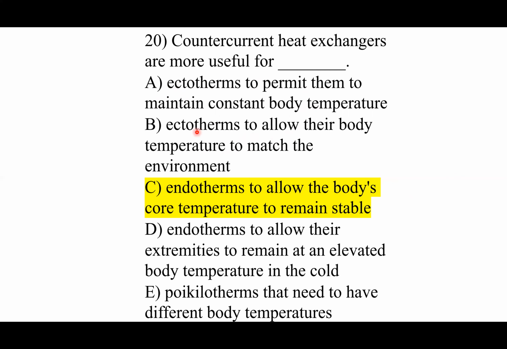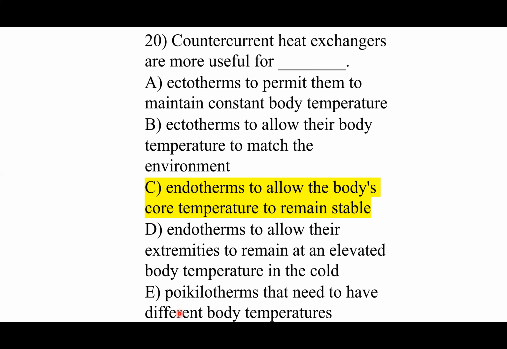Yeah, but in ectotherms, we don't see countercurrent heat exchangers, at least not what we talked about. We're talking about endotherms. Endotherms to allow their extremities to remain at an elevated body temperature in the cold. Well, we're talking about maintaining a constant body temperature, really. Maintaining homeostasis and thermoregulation. So we're not trying to elevate the body temperature.